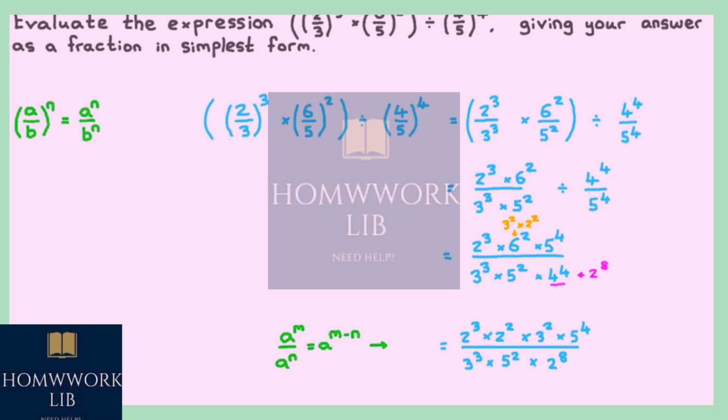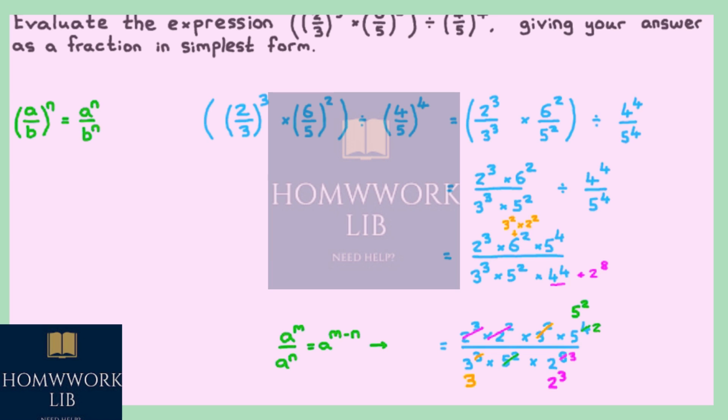We can do this directly, or we can use the quotient rule for exponents, which tells us that a raised to the power of m over a raised to the power of n is equal to a raised to the power of m minus n. In other words, when taking the quotient of exponential expressions with the same base, we can raise the base to the difference in the exponents.